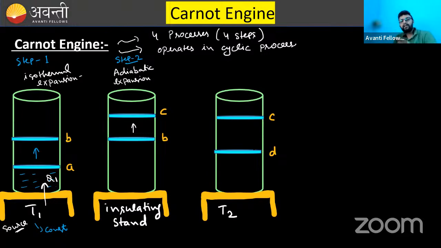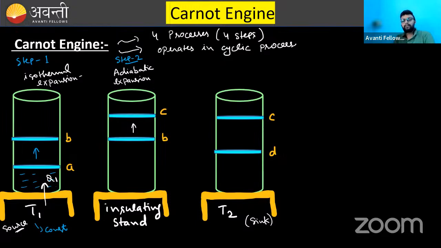Clear? Now again you can see that the gas is being compressed and the base is replaced by a low temperature body, which is at temperature T2. And this is known as the sink. It is replaced by a low temperature body.